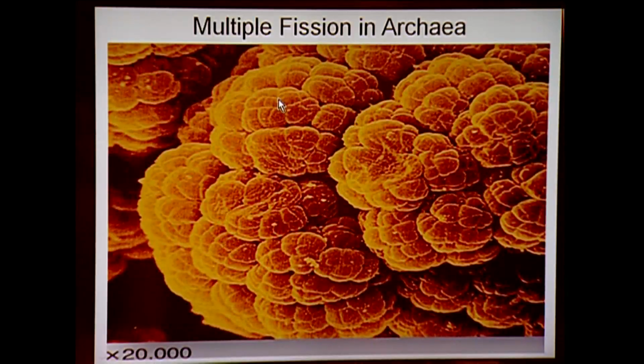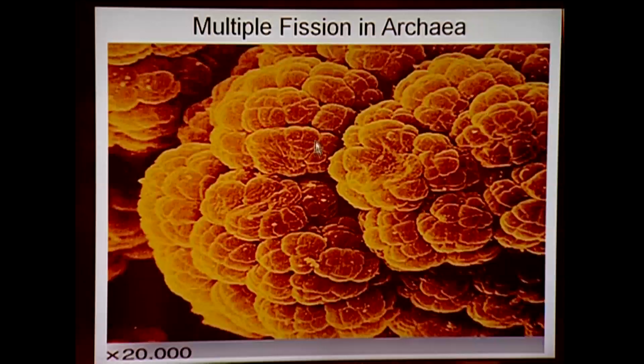Apart from binary fission, some of the Archaea can also reproduce by multiple fission. In this case, the cell undergoes repeated division and produces a series of archaeal cells. They produce a huge colony which ultimately appears like lobes of the human brain.